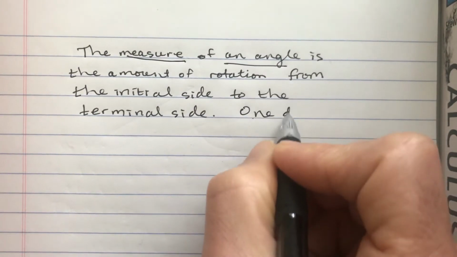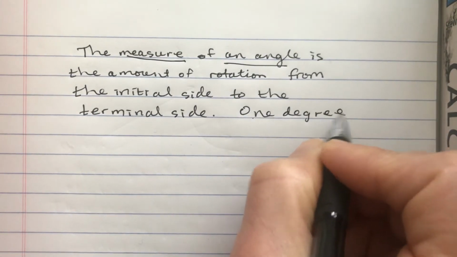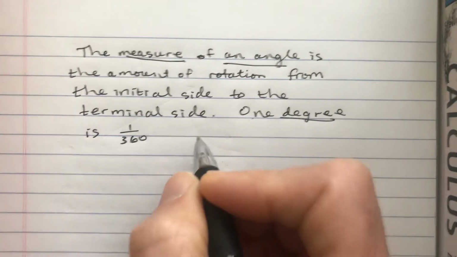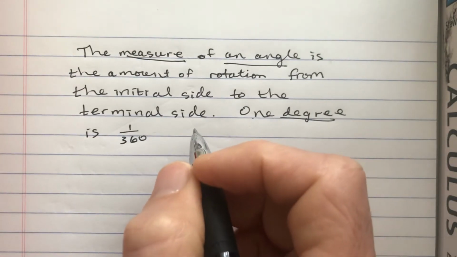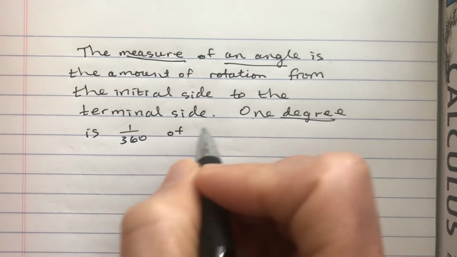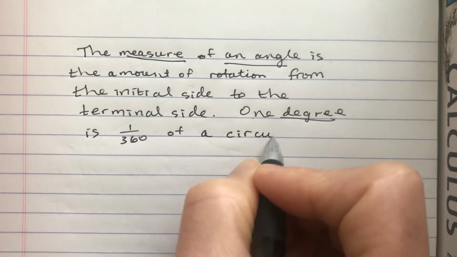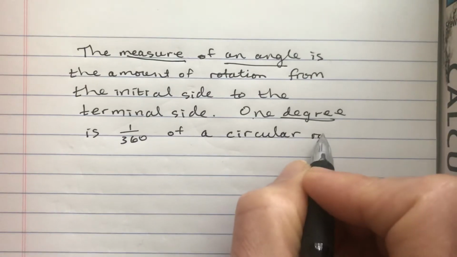1 degree is 1 over 360 of a circular rotation.